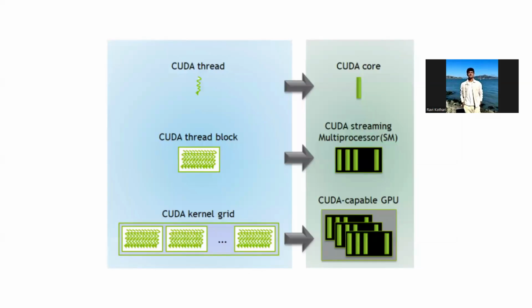Now I'll quickly go over what CUDA is. The basic execution unit in CUDA programming is a CUDA thread that represents a CUDA core on hardware. Multiple CUDA threads are called thread blocks, and they represent a streaming multiprocessor.